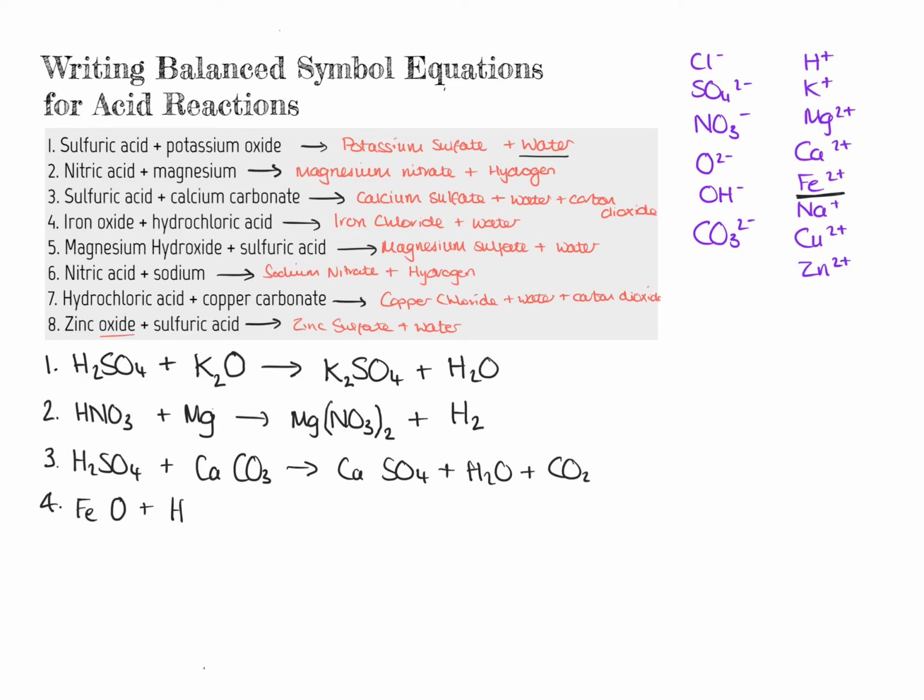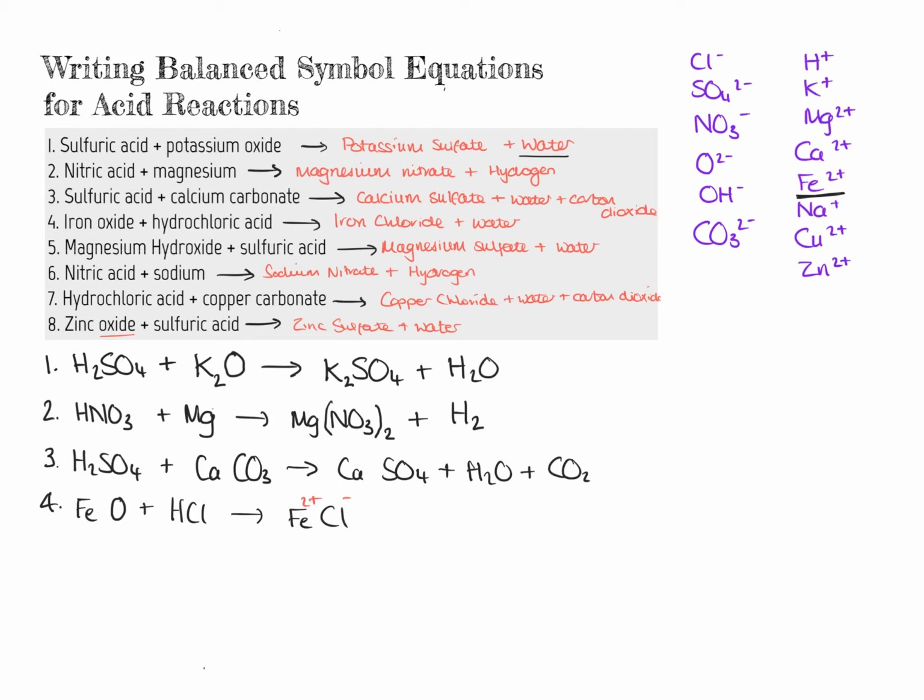hydrochloric acid, which is HCl, makes iron chloride. So we've got Fe, which we know is a 2+ ion, and Cl, which we know is a 1- ion. Now our charges don't balance, so we need to work with this. Which ion do we need more of to get these charges to balance?